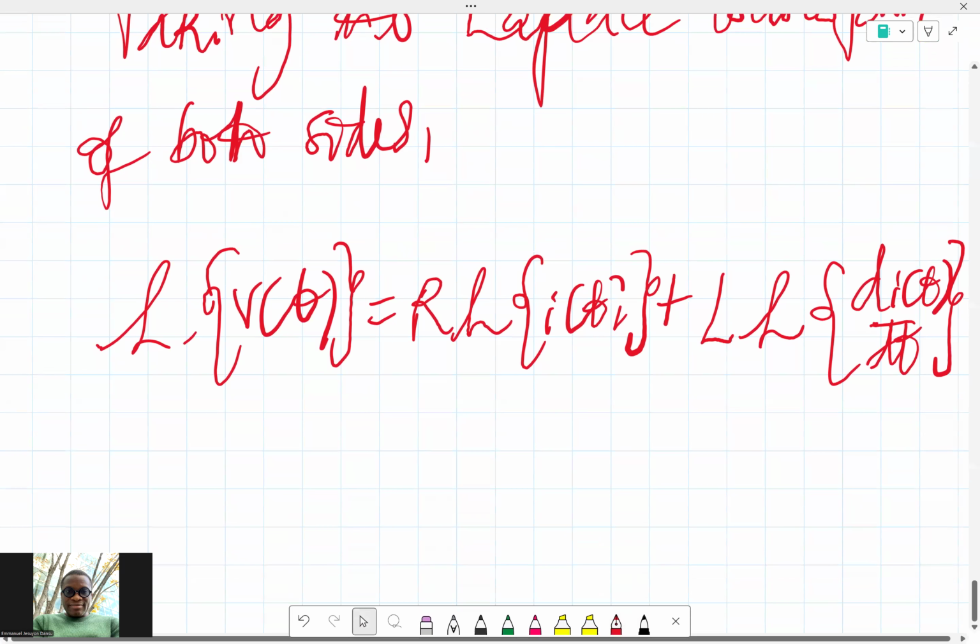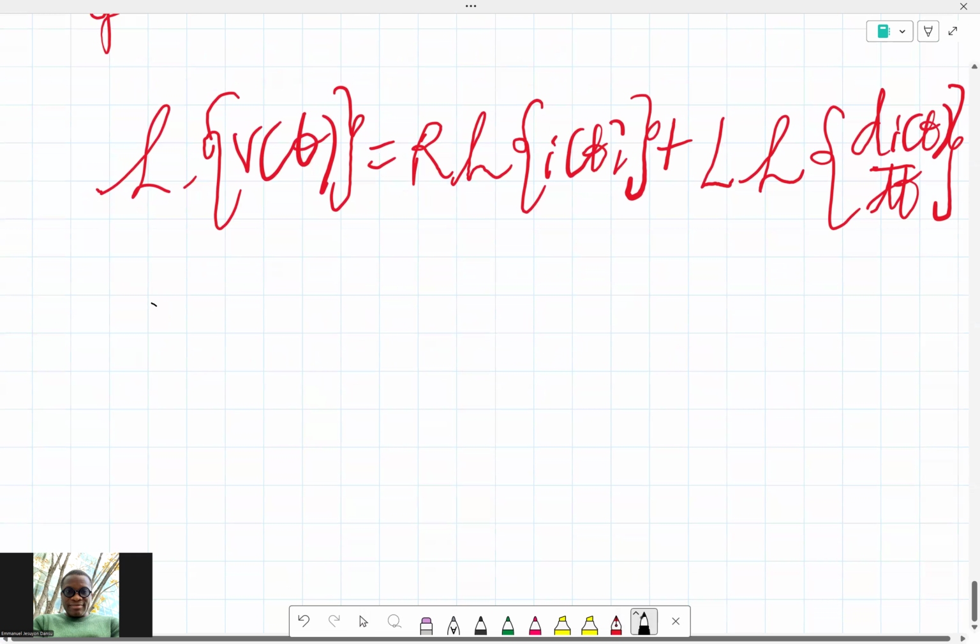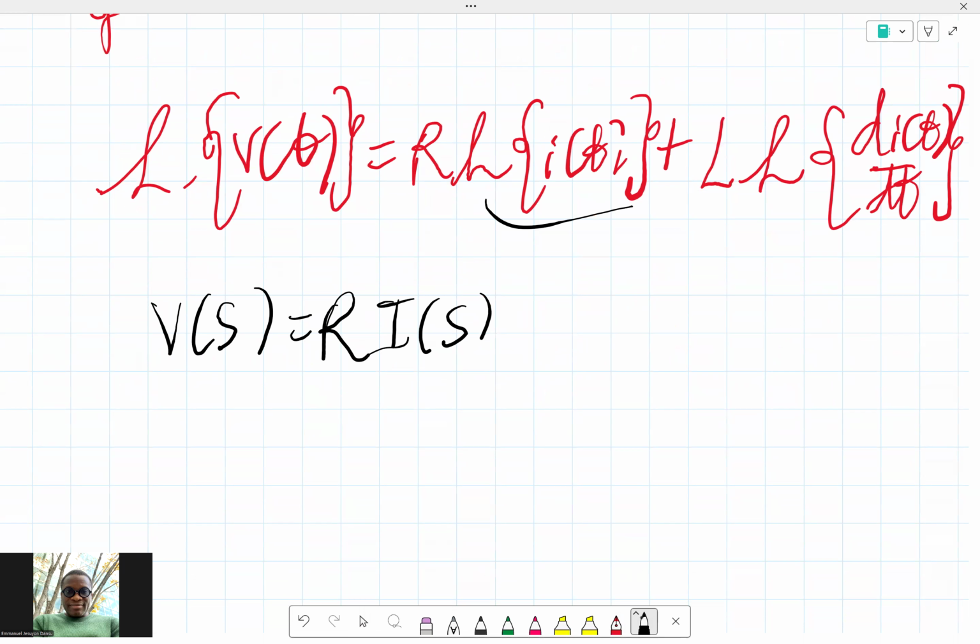Okay, so in this case, we now have V(s) in the s domain, and R I(s) for this now in the I to s domain, and then plus L. Now, this is a first derivative now. So in this case, L is out here, so when we split this up, we know that's going to be s I(s) minus i(0).